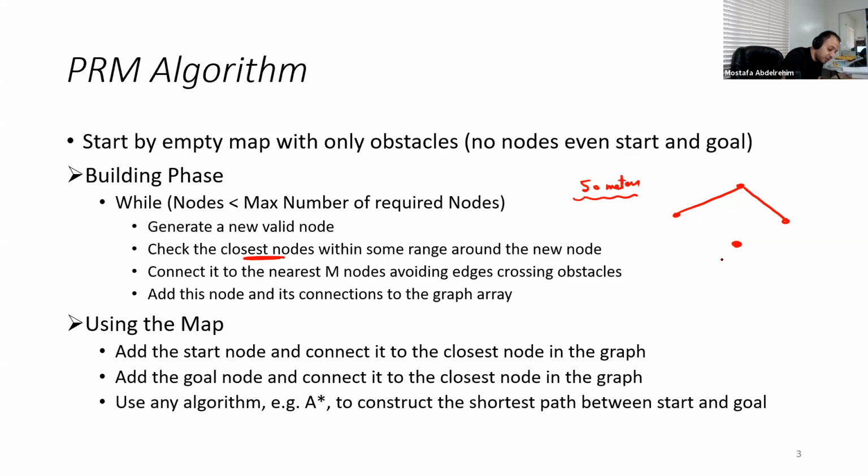Let's assume this is a new node and these are the old nodes. This one is, for example, 49, this one is 60, and this one is, let's say, 50. So the closest nodes within 50 are this node and this node.